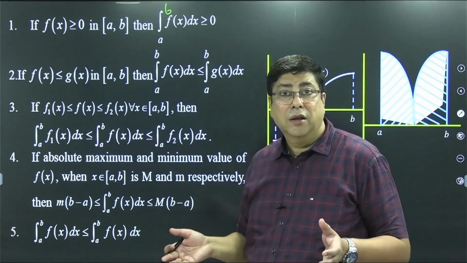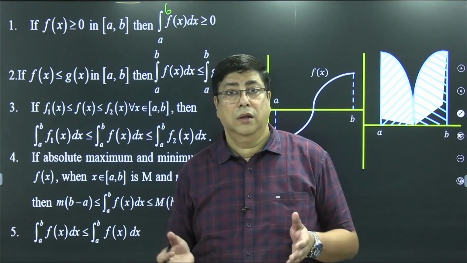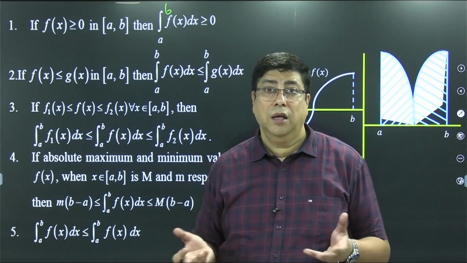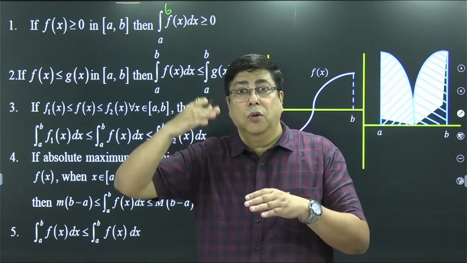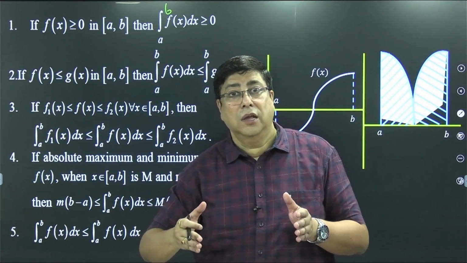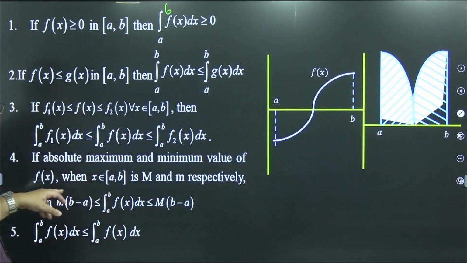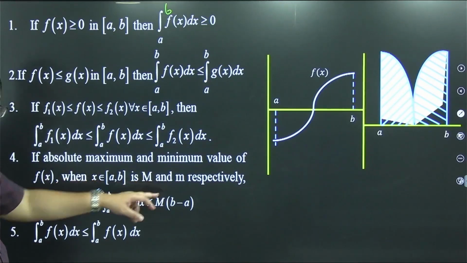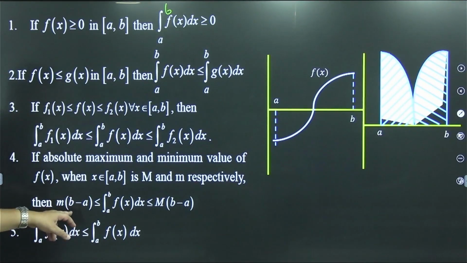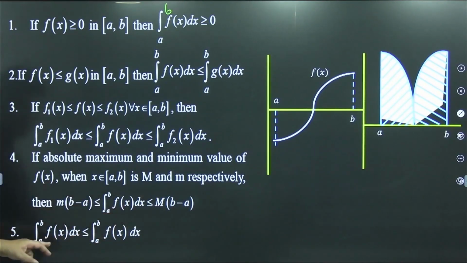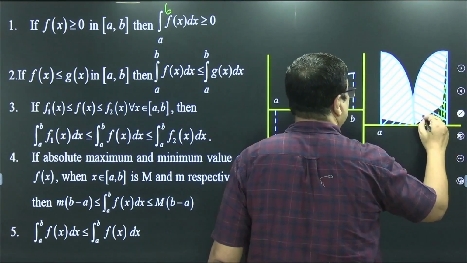If the function is greater, the area is greater, because greater means y is above, so the shadow of y on the x-axis is greater, obviously the area. Next, if the absolute maximum and minimum values of f(x) are capital M and small m, then the integral of f(x) lies between m times (b minus a) and M times (b minus a), that is, m(b minus a) is less than or equal to the integral, which is less than or equal to M(b minus a). So remember this.